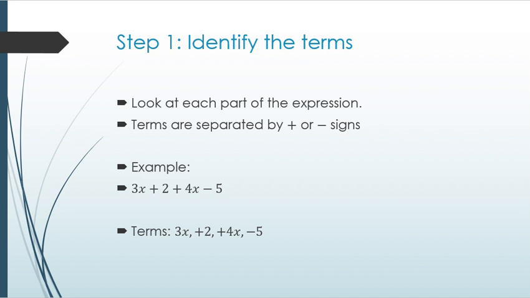So in this case, I have 3x, plus 2, plus 4x, and minus 5. See how I've taken the sign in front as well? I've taken the sign for negative 5, the sign for plus 4x, the sign for plus 2. Now, obviously for 3x, there's no sign in front, so you have to assume that this is a positive number. So that's technically plus 3x right there. So those are my terms.